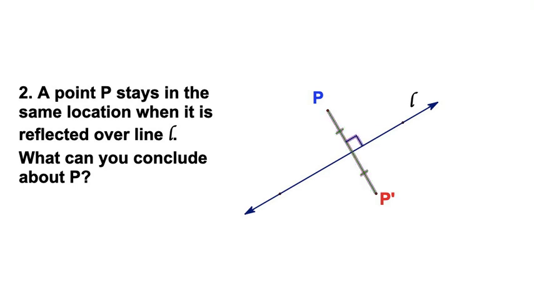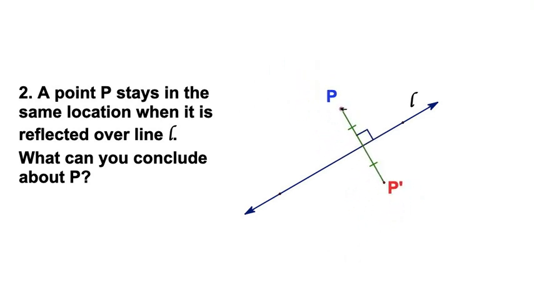Well, first off, this is something we know: the image is the same perpendicular distance from the line of reflection as the pre-image. If I move this around, I see that relationship always stays the same.